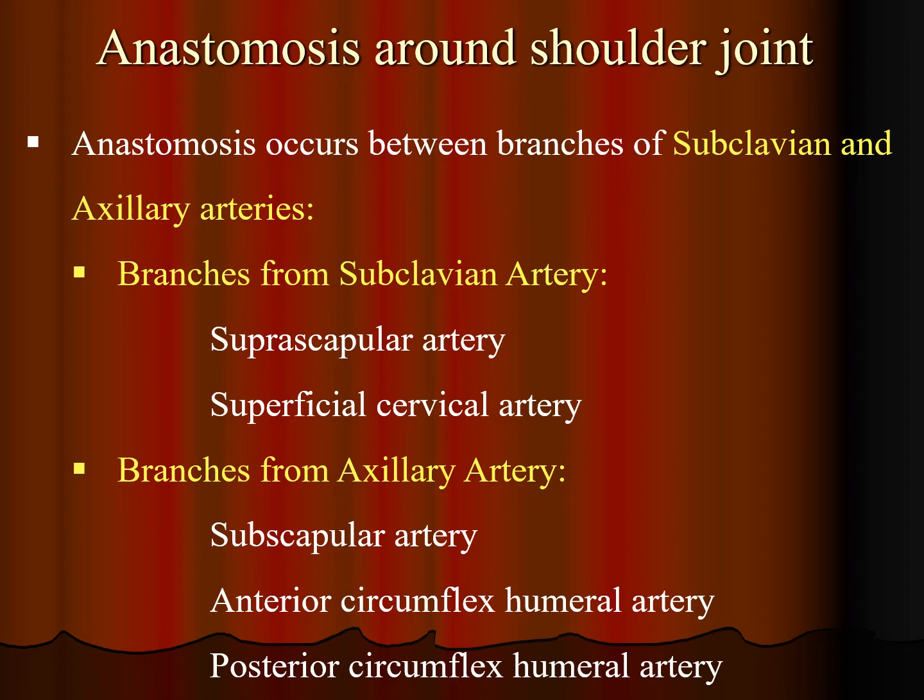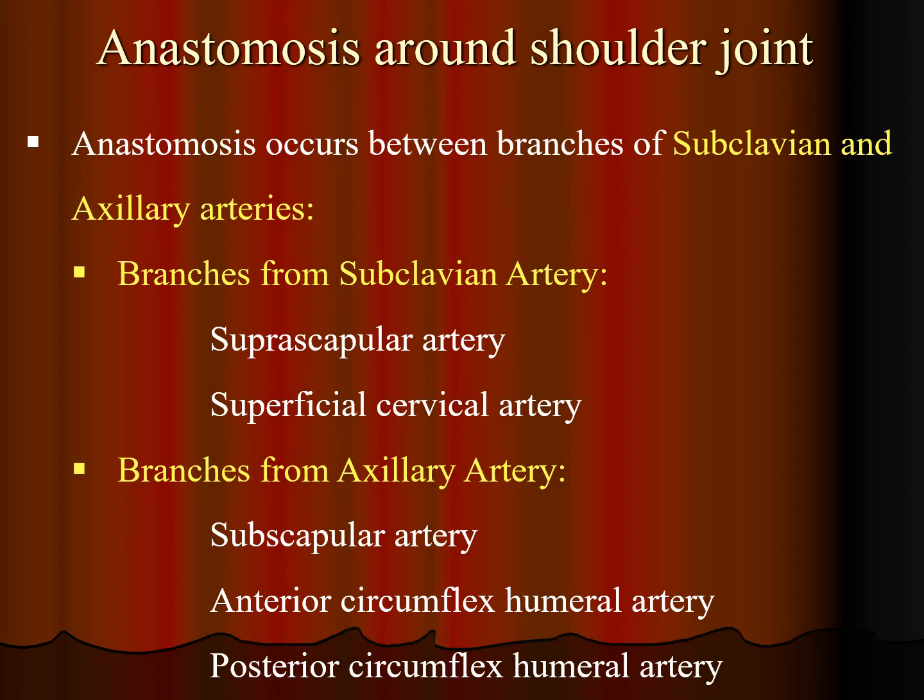Now we will talk about the anastomosis taking place around the shoulder joint. It is important to know that anastomosis means connection or joining of arteries. Mostly we use the term anastomosis for arteries, and plexus for nerves and even for veins.